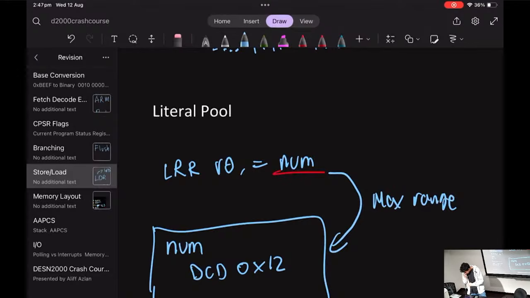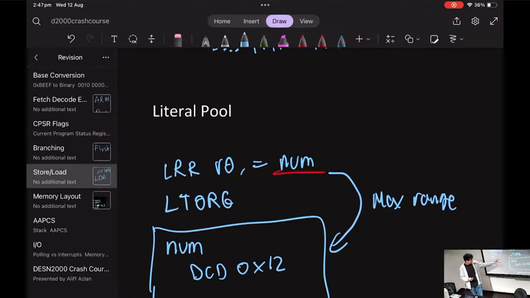Now, there is a directive called LTORG, which basically tells the assembler, make the literal pool here, right? Now, this is useful because let's say you had a big program, you probably want to place your literal pool in a place that's accessible by the things that are going to use it.